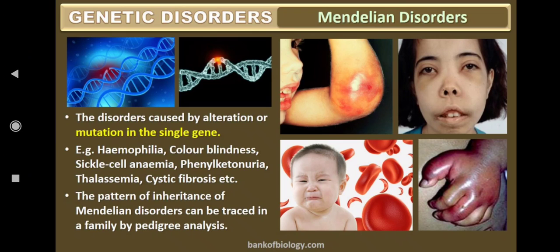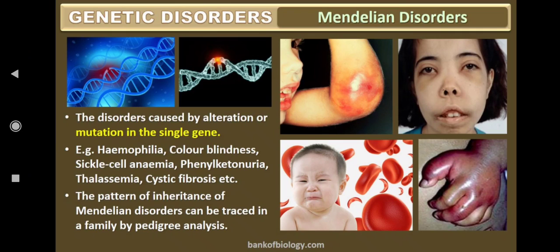Let us discuss the Mendelian disorders one by one. First comes hemophilia. The disorders caused by alteration or mutation in a single gene are called, what is that? Mendelian disorder. And here all these: hemophilia, color blindness, sickle cell anemia, phenylketonuria, thalassemia, cystic fibrosis.